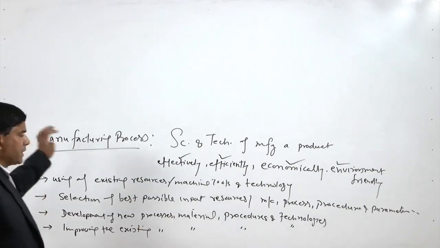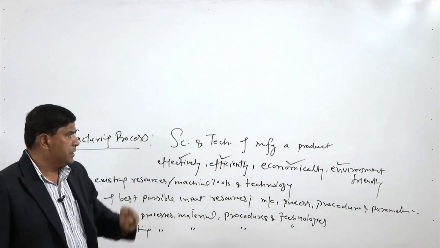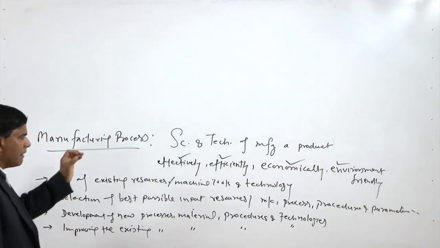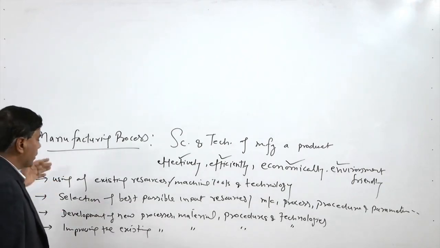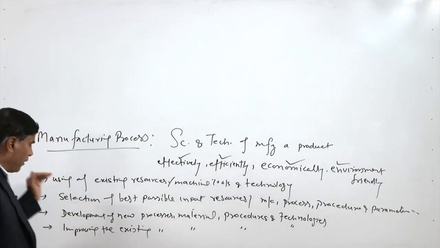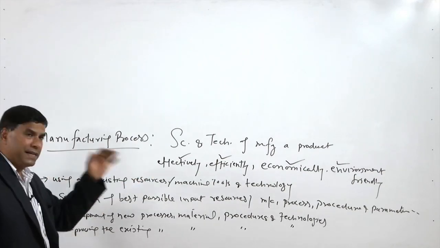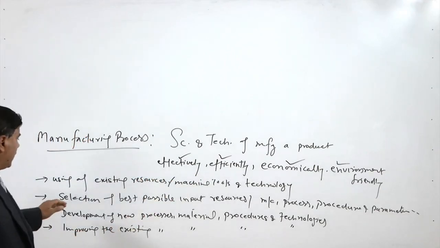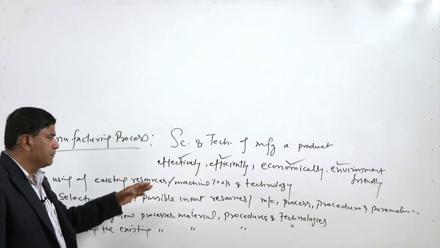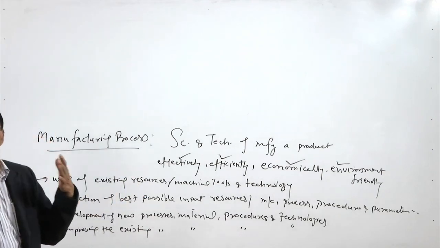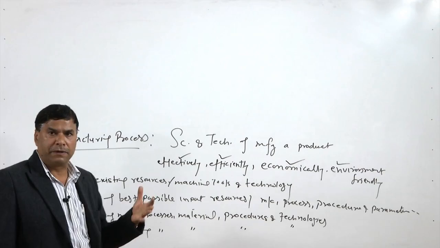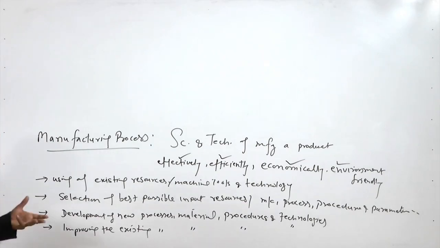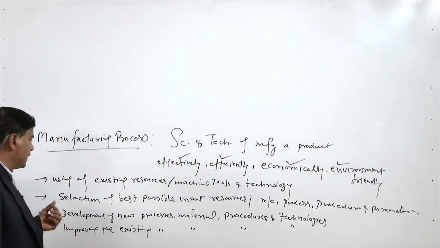So, manufacturing processes basically involve science and technology of manufacturing a product with these attributes, and for this we can use the following 4 approaches: use of the existing resources in form of tools, materials, technologies, and selection of the best possible input parameters, like choosing the proper combination of the process parameters, proper environment for processing, proper material, proper procedures, proper process for making the product, and the development of the newer.